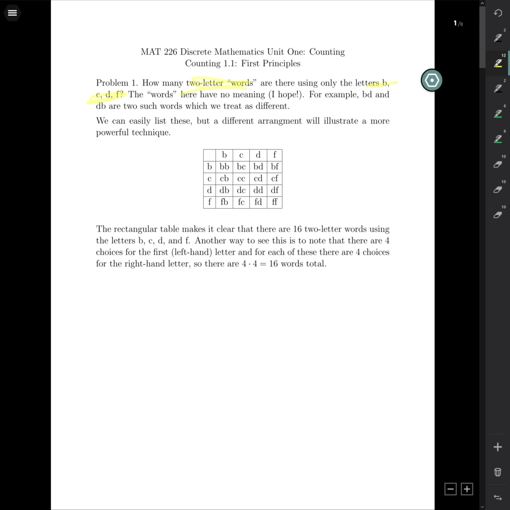That's easy to count. You could list them quickly, but I want to show you a scheme that illustrates the general principle. We'll take the letters B, C, D, and F, and of course these aren't real words, but I'll use that in a very loose way. We make a rectangular array where the B, C, D, and F in this column represent the first letter, and the B, C, D, F up here represent the second letter of the words that we're creating.